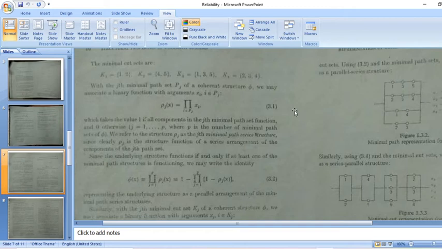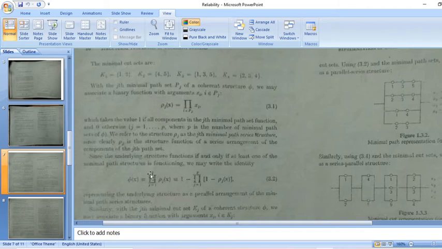Okay, and think about that, the entire system can be considered as a parallel connection of these subsystems. So the entire system structure can be represented as phi of x equal to union j from 1 to p, supposing there are p minimal paths, of rho j of x.